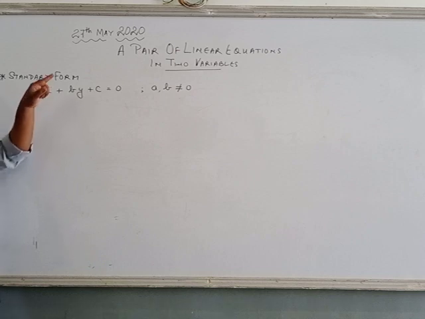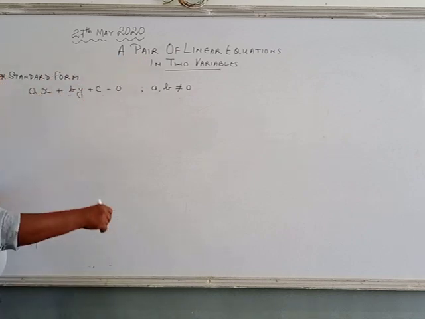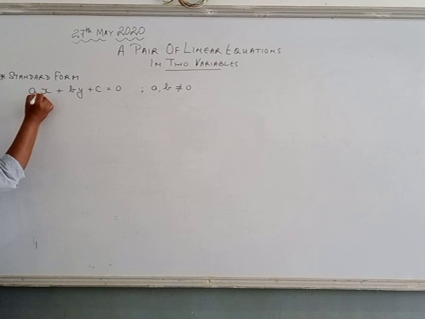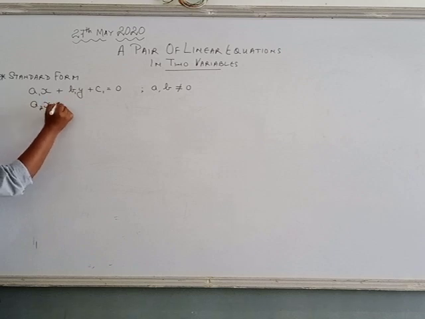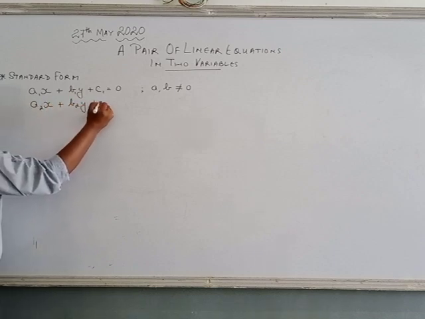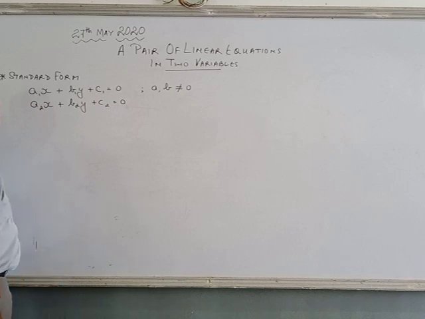Here in class 10, as it is a pair of linear equations in two variables, two equations are going to be there. So it will be a1x plus b1y plus c1 equals 0, and a2x plus b2y plus c2 equals 0.